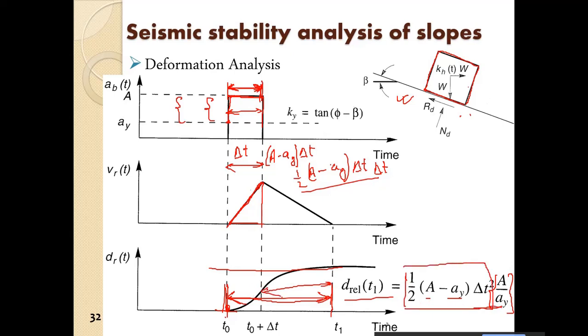That is the additional displacement that we have. So that is how it is integrated.